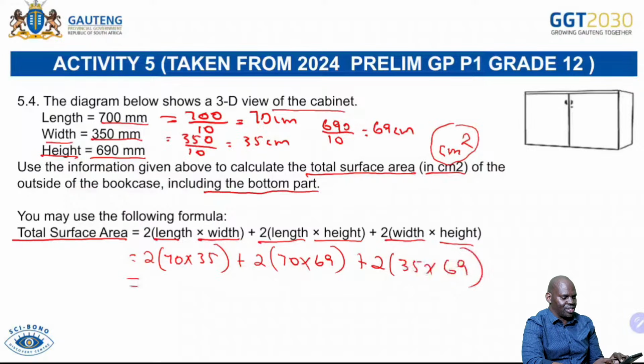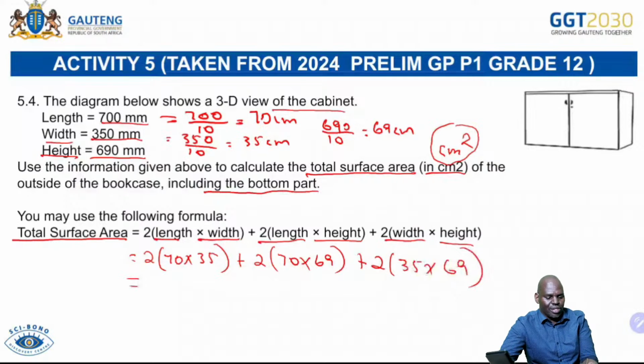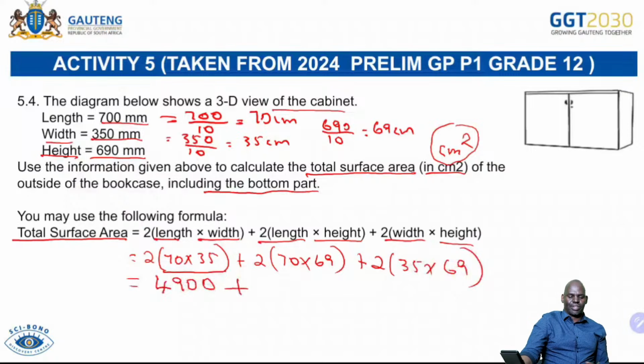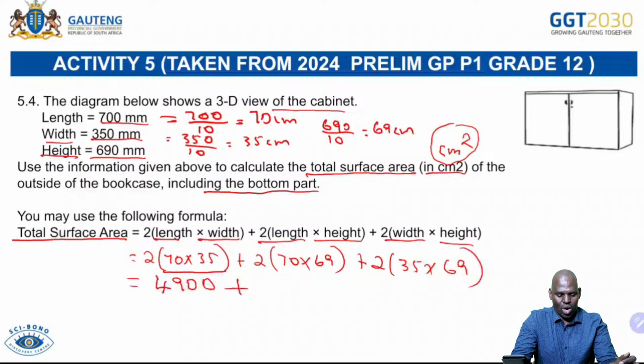The first one is 70 times 35. Then we get 2,450. Then I multiply it by 2, and it gives me 4,900. I don't have to indicate the unit because I know that in the end, my answer will be in centimeters squared.